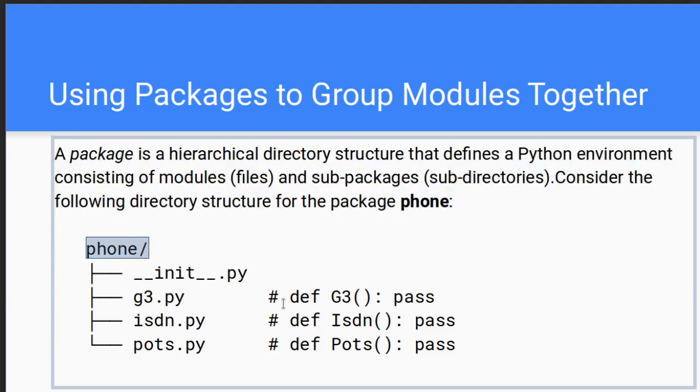__init__.py is a special module that gets imported whenever we import phone. It's automatically imported, and we just reference it with the phone namespace. So we can define functions inside of our modules. Let's say inside of the g3 module, we define a function called g3, and so on.